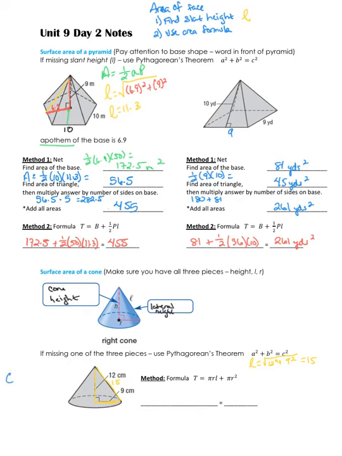Remember, circumference equals perimeter equals pi d or 2 pi r. Let me show you something. 1/2 of 2 pi r equals pi times r. So that's what this is. This is 1/2 p. There's your slant height.